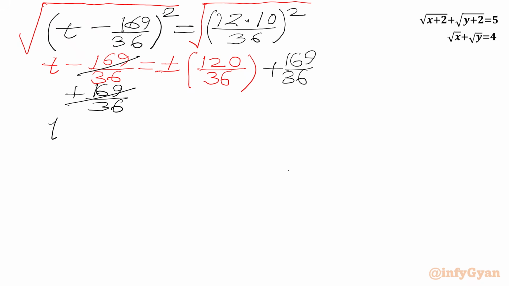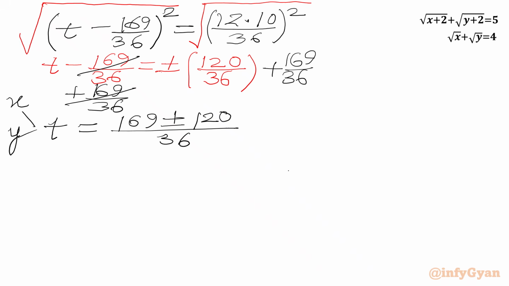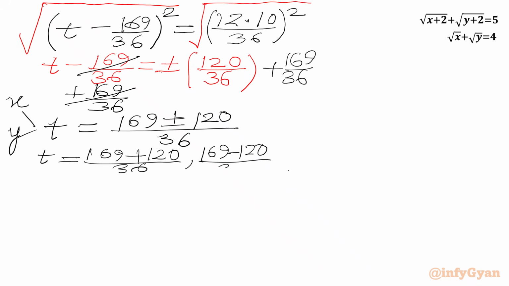In the LHS there will be t only, and t is nothing but x, y. t equal to 169 plus minus 120 over 36. Now with the plus sign, we'll write 169 plus 120 over 36. With the minus sign, we'll write 169 minus 120 over 36. So 169 plus 120 will be 289.